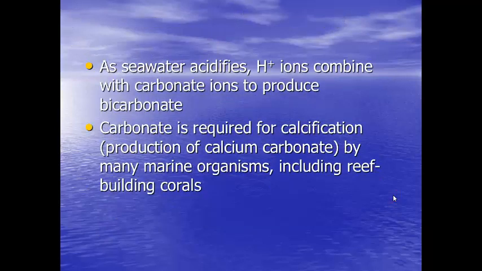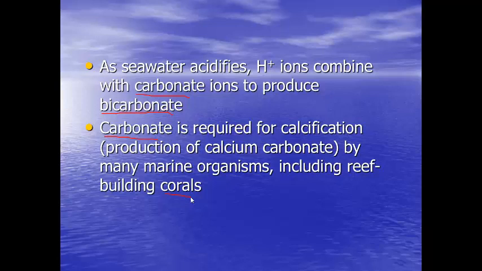Well, what's carbonic acid actually doing? It reacts with another molecule called carbonate to make bicarbonate. Okay, well, why is that a big deal? Well, carbonate is really important to reef-building organisms like coral. Coral use carbonate to make calcium carbonate, the substance that their shells are made up of.